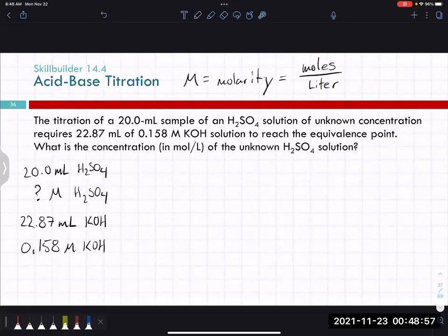Molarity most often is used as a conversion factor between moles and liters. So if we're going to write this out as a solution diagram, we're going to start with milliliters of potassium hydroxide, and we want to get to molarity of H2SO4.